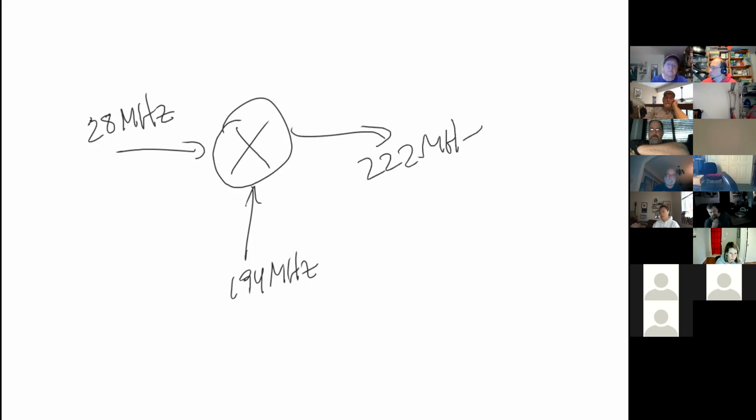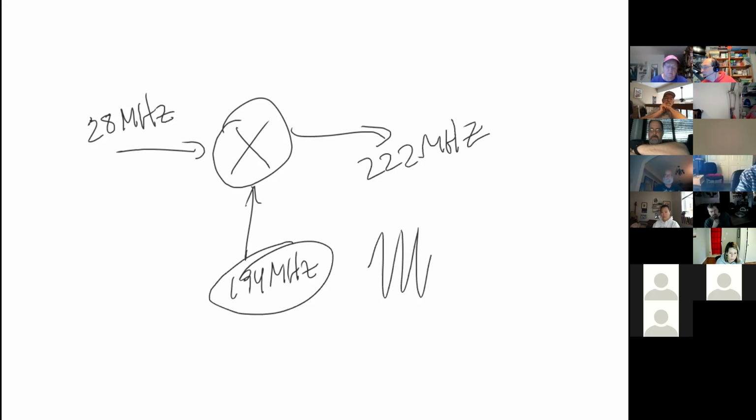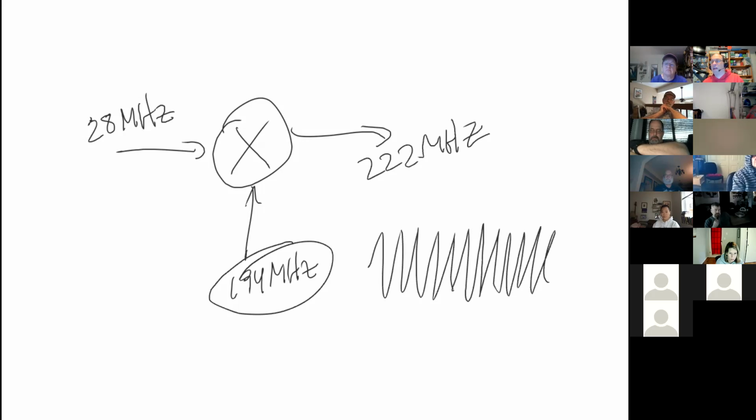And this is the real world, because it's in a radio. How do I make a frequency of 194 megahertz? That's basically a signal that goes like that, 194 million times every second. How would I do that?